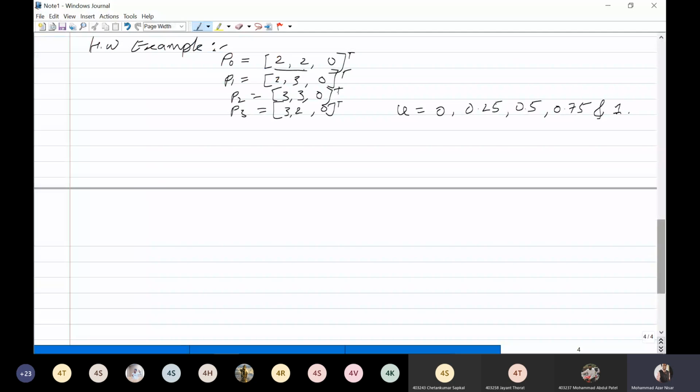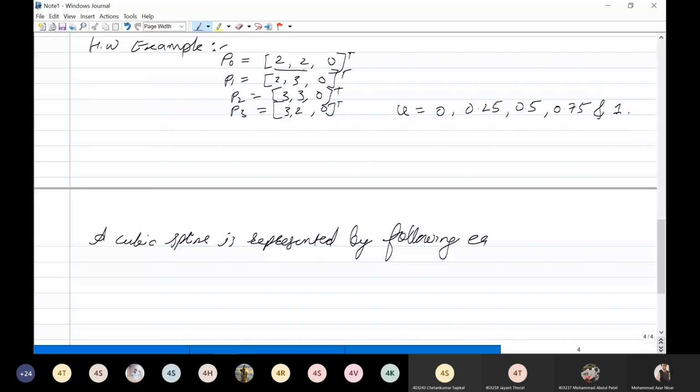Okay, so a cubic line is represented by the following equation.